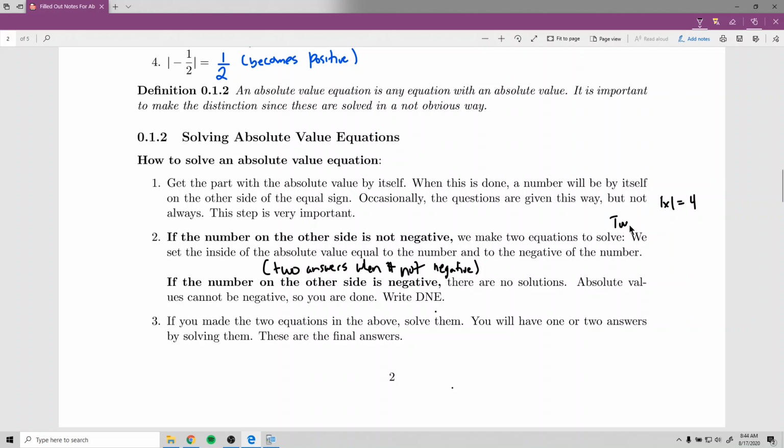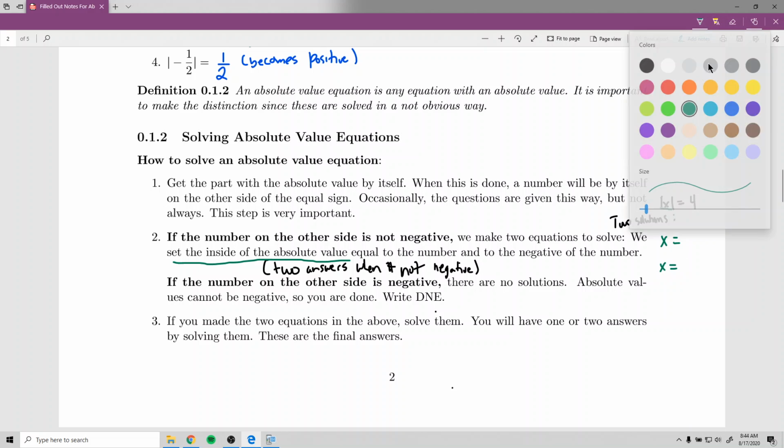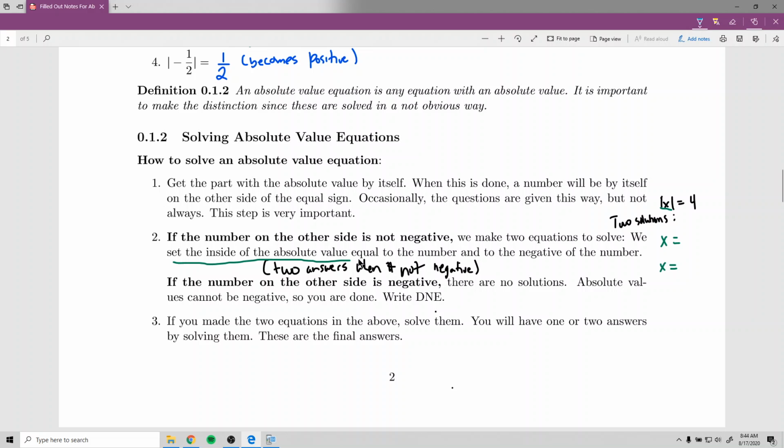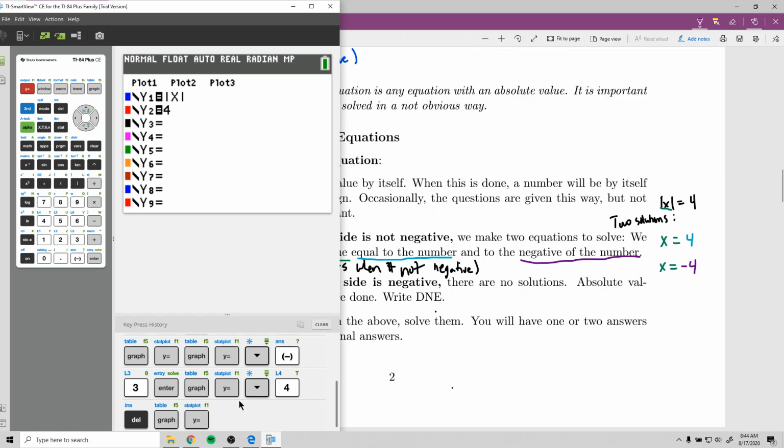It has two solutions. We take the inside of the absolute value, which is just x, and we can make two equations: x equals the number, which is 4, and x equals the negative of the number, which is -4. So our two answers for this one would be 4 and -4.